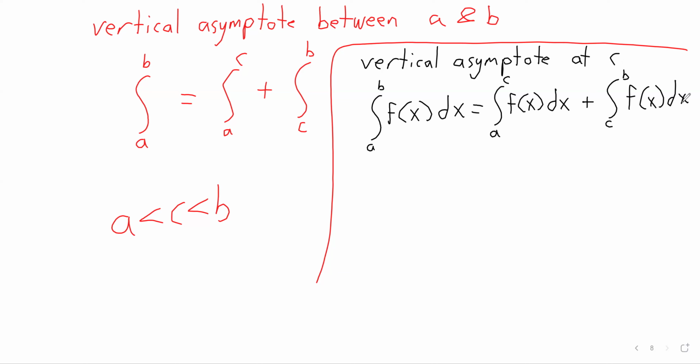And now the integral from A to C is improper, but we know how to deal with it. And the integral from C to B is improper, but we know how to deal with it. This can be unintuitive sometimes.